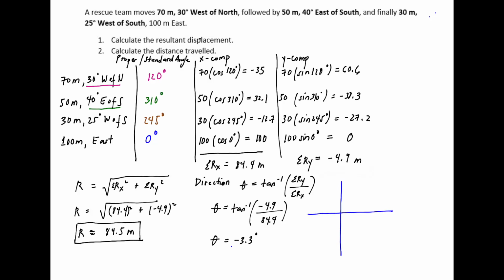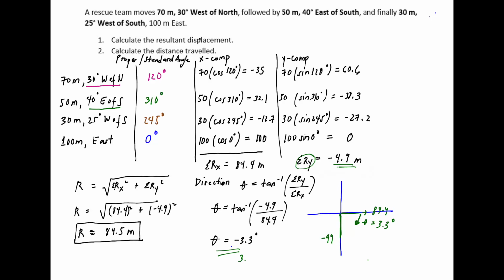Since the summation of Ry is negative 4.9, and the Rx is 84.4, we are thinking now that the angle is negative 3.3, and that means the reference angle is from east going 3.3 degrees below.